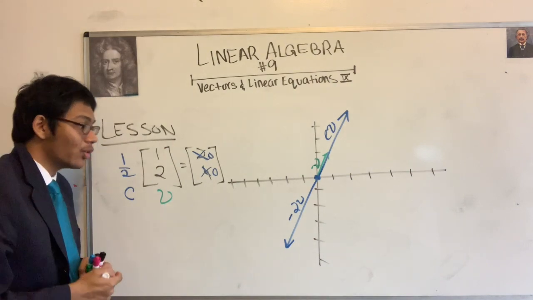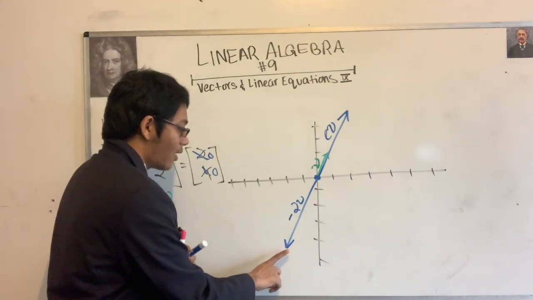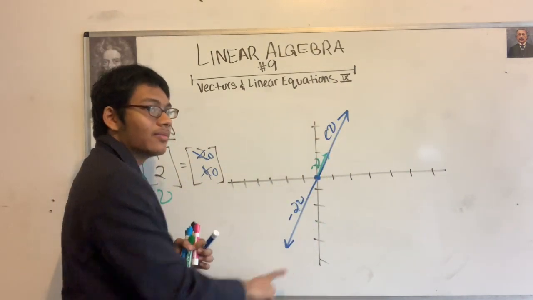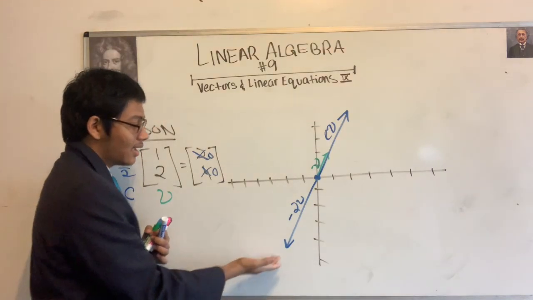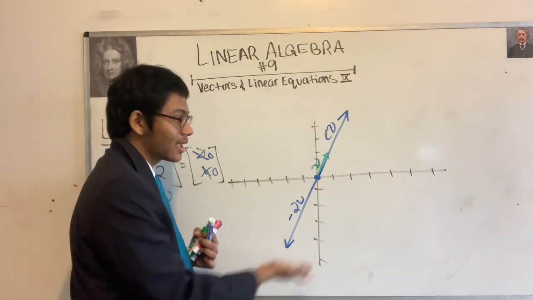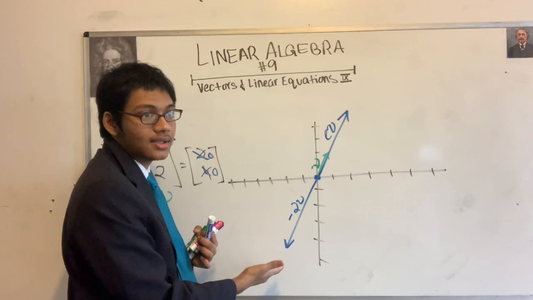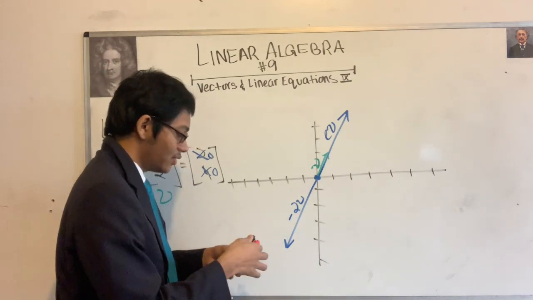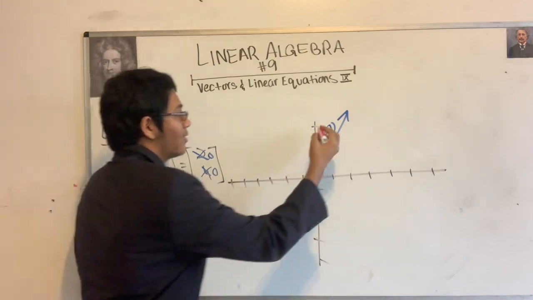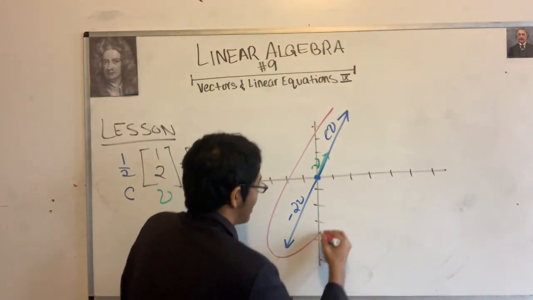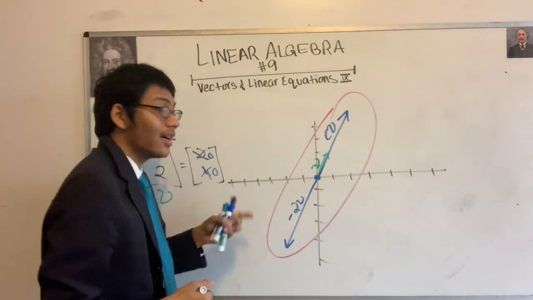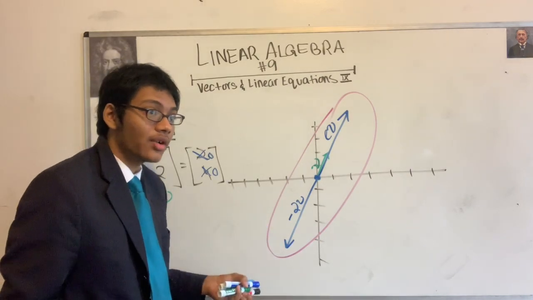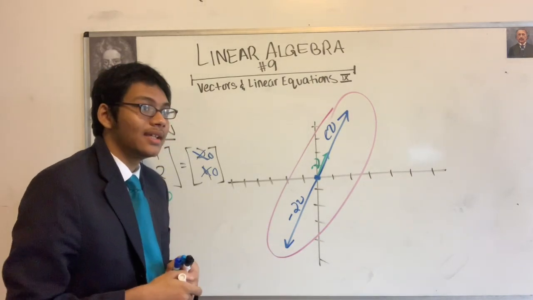It doesn't matter. The point is, you see that all the combinations of my vector v are on this geometric object. And what is this geometric object? It's a line. So you can see all the linear combinations of this vector v lie on this line through the origin. So what can we say?